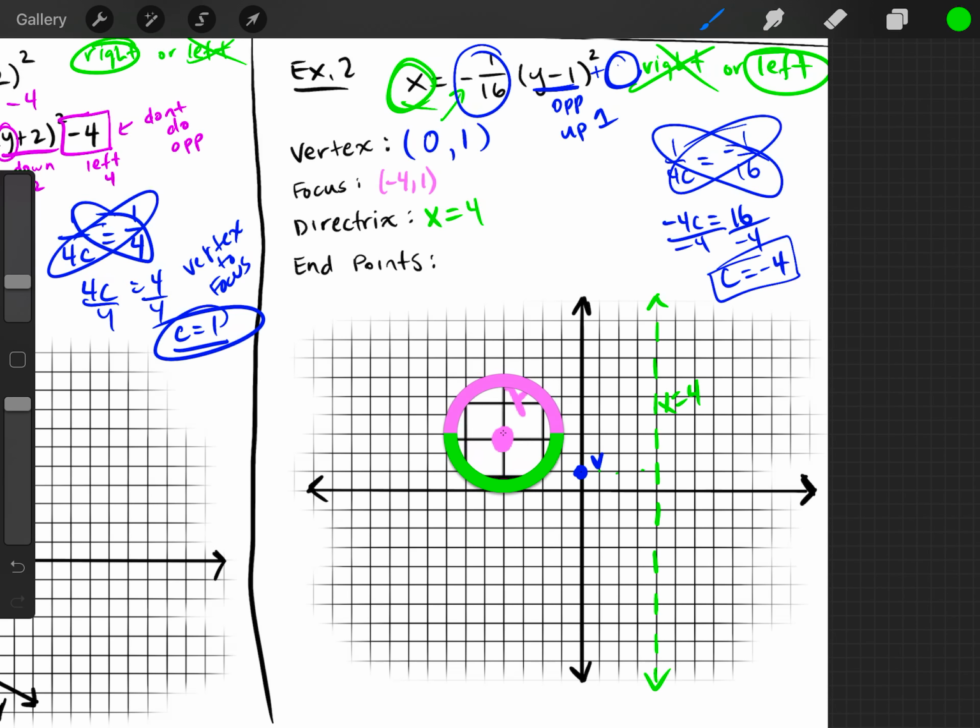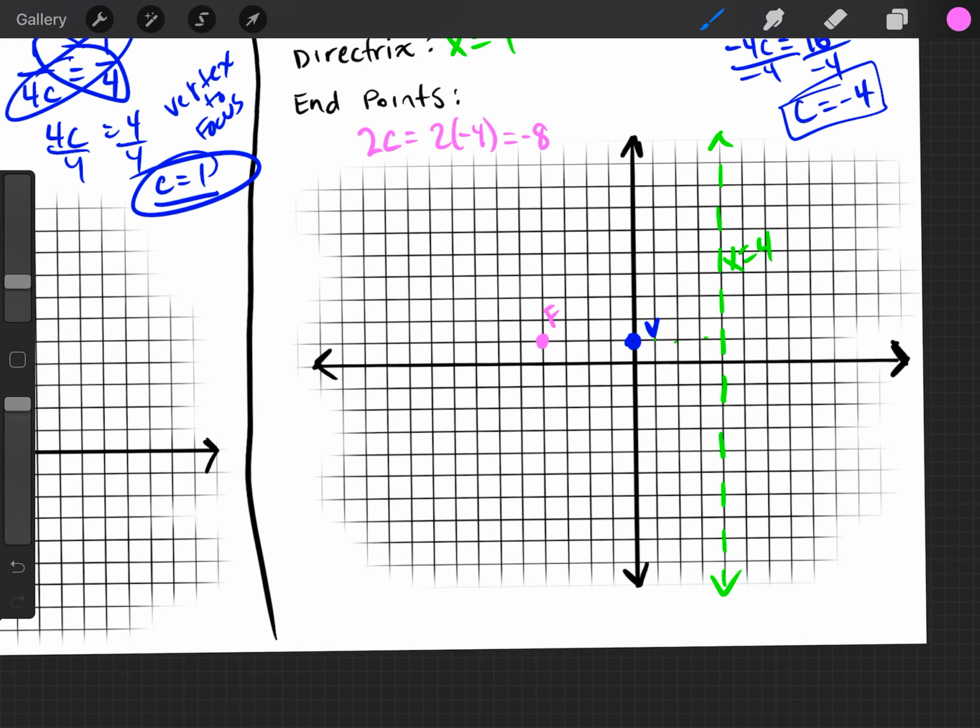And the last step that we need to do is find those focal chord endpoints. Again, you can look at it, it's 16, which you cut in half, up 8, down 8, or you can always do 2 times whatever c is. In our case, it's -4, which gives us -8.